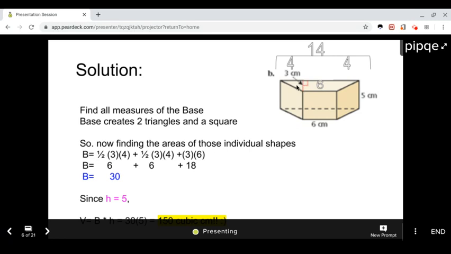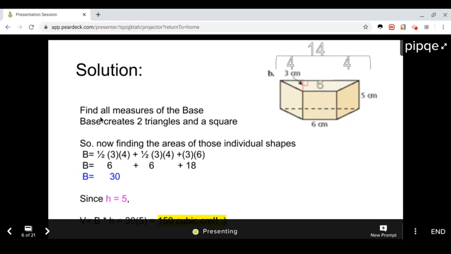So now all I need to do is find the area of this portion here, and I'm going to do that by parts. So it's finding the area of these 2 triangles formed, and then finally this rectangle here.